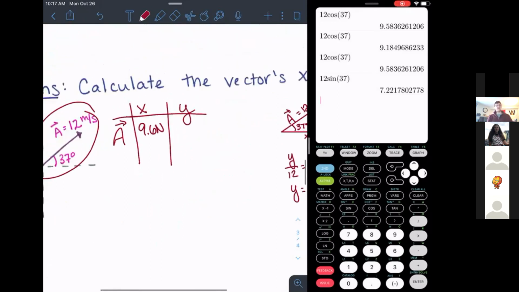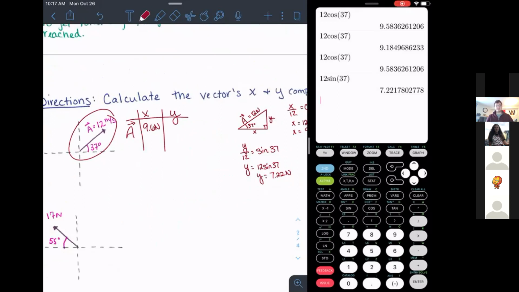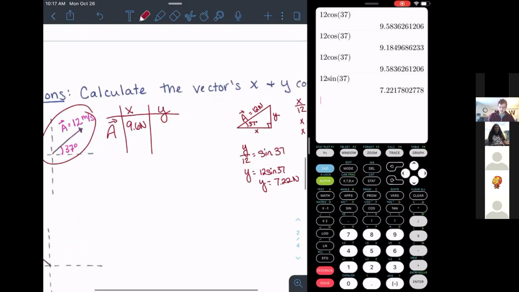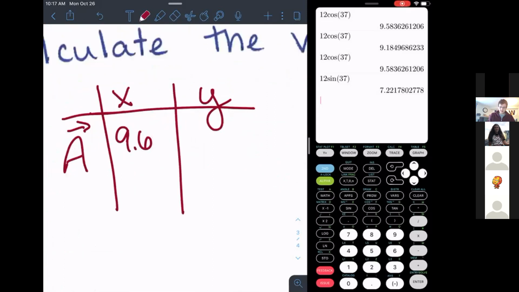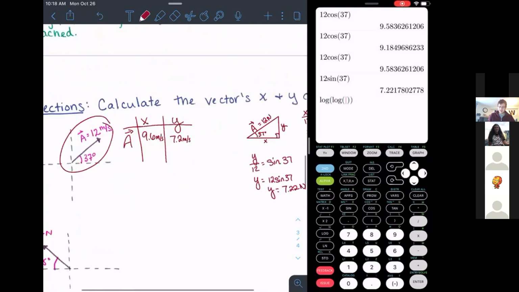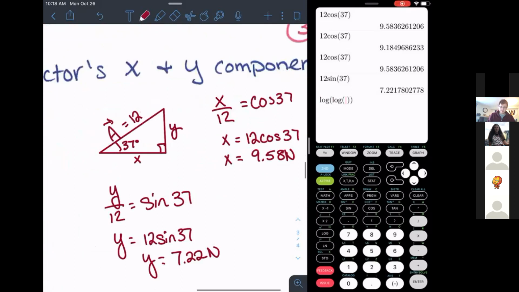And my y should be positive or negative in this quadrant? Positive. And what should I round it to? 7.2. Oh, this is meters per second. That would be wrong. My apologies. These should all be meters per second. Wrote it down wrong.